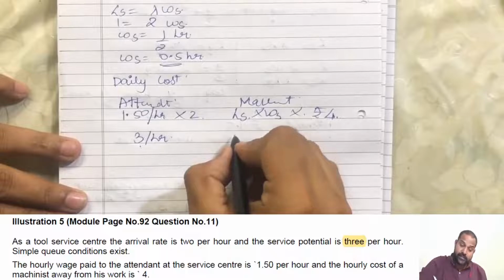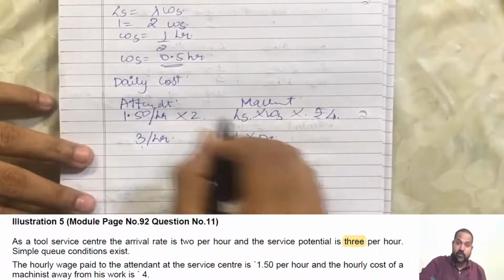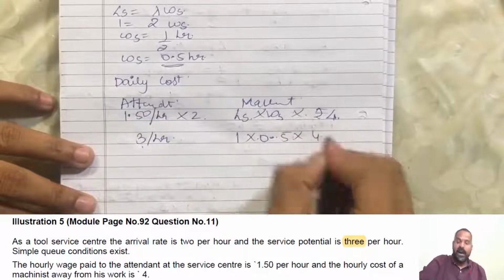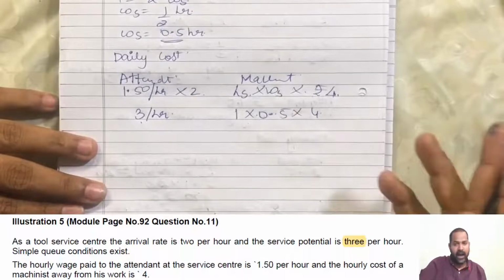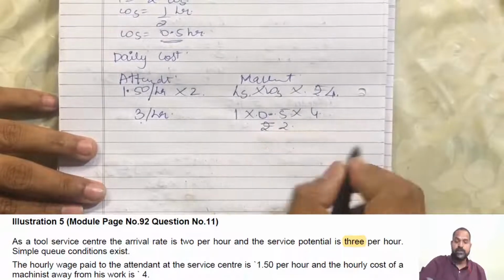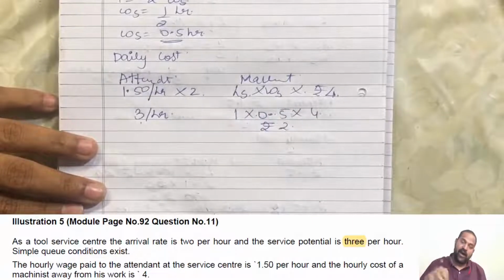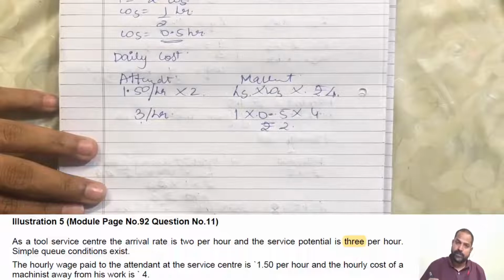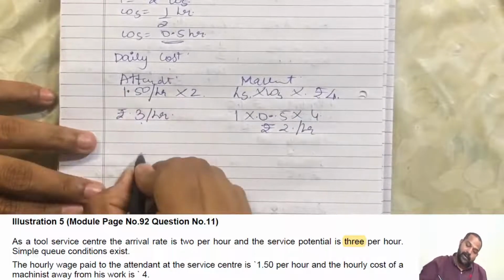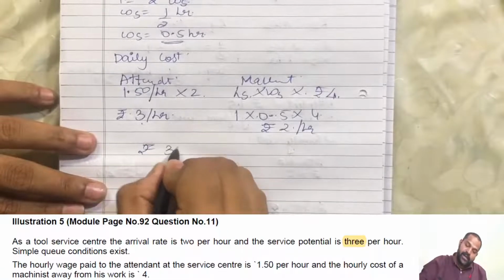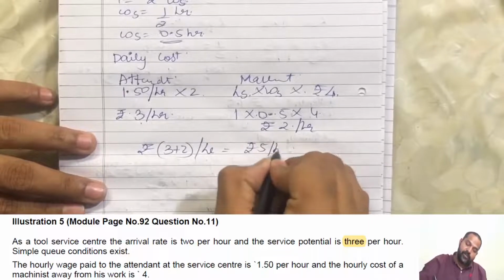Length of the system is 1. This 1 person is only stuck for half an hour. I am paying them at the rate of 4 per hour. So I only have to pay half the money, which is 2 rupees, because I'm only wasting half an hour. If 1 hour I pay 4 rupees, then half an hour I have to pay 2 rupees. The total cost per hour is going to be 3 plus 2 per hour, which is rupees 5 per hour.